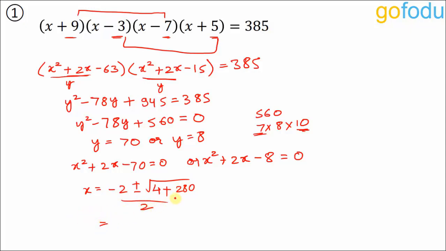This is nothing but 284 under the root; take 4 common outside the square root sign, it will come out as 2, and this 2 that comes outside the root sign will get cancelled by the 2 in the denominator and we will get minus 1 plus minus root 71.